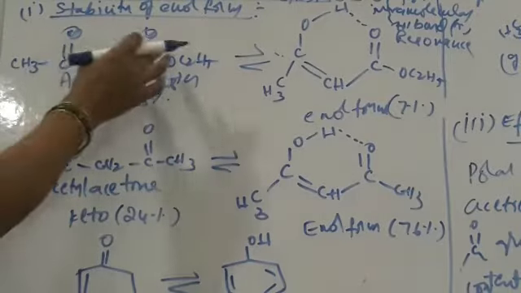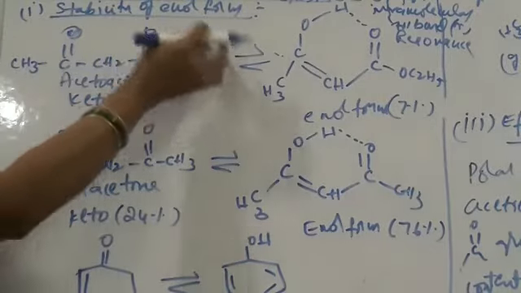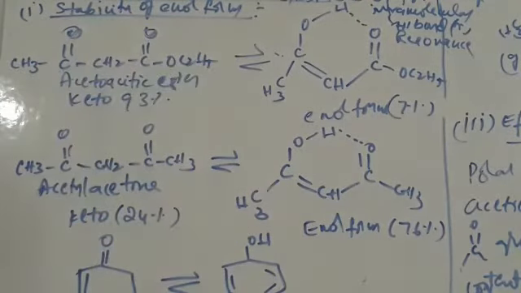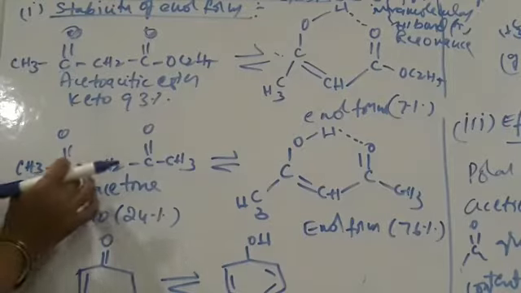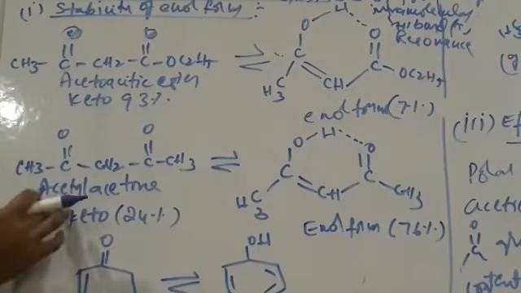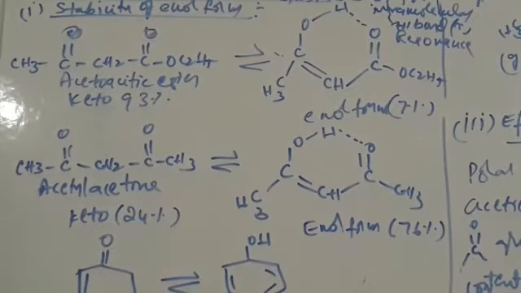Next, another 1,3 diketone, purely 1,3 diketone. The previous one is a 1,3 dicarbonyl compound, but in the form of an ester, COOC2H5. And this is a ketone, a 1,3 diketone, called acetyl acetone.